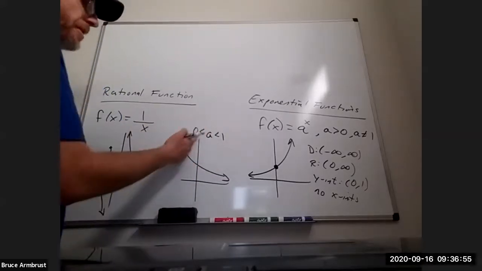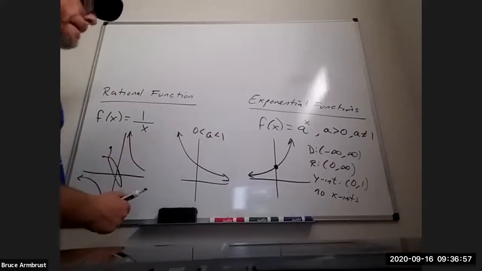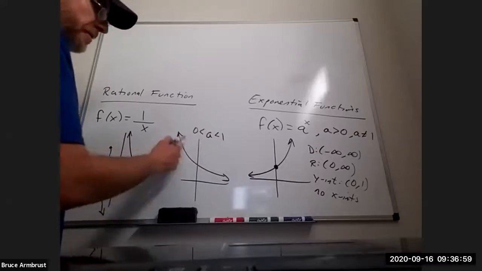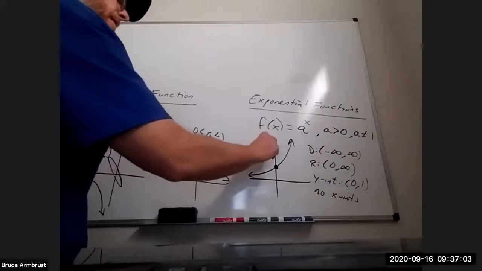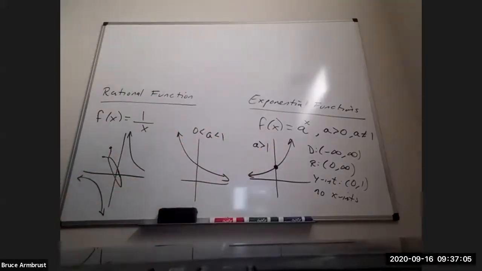I'm saying greater than 0 because we already know that it has to be that way. So if your base is between 0 and 1, it's decreasing. It's increasing if that base is greater than 1. So the increasing or decreasing depends on that A, just like we've seen with lots of other things.